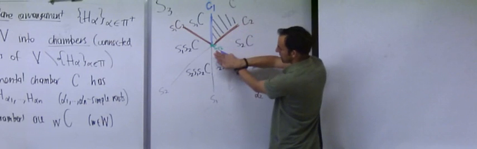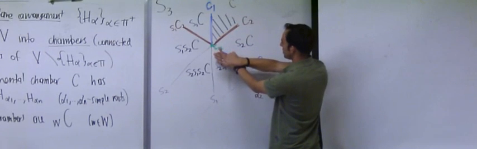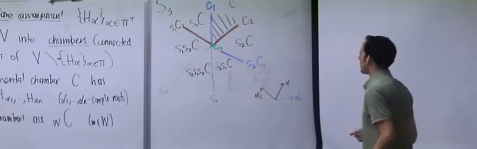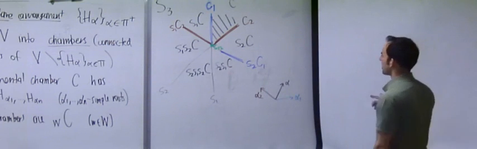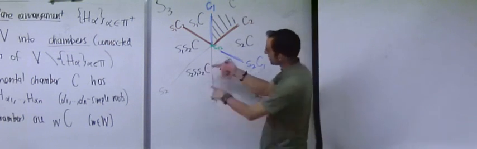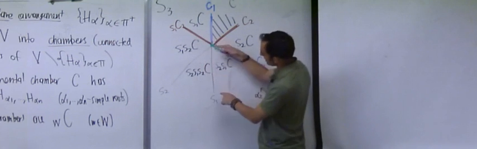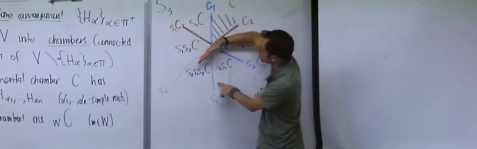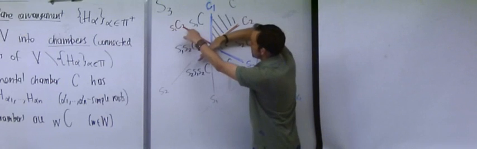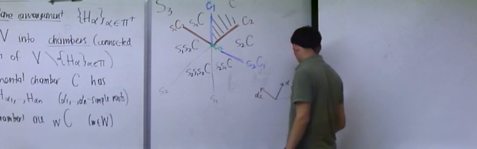Remember, this is the reflection S1, S2, S1. Wait, am I saying that correctly? No. This is easier. This guy is just the reflection of this guy across S2. Right? So if I apply S2 to this thing, I land here. And so this guy should be brown also.